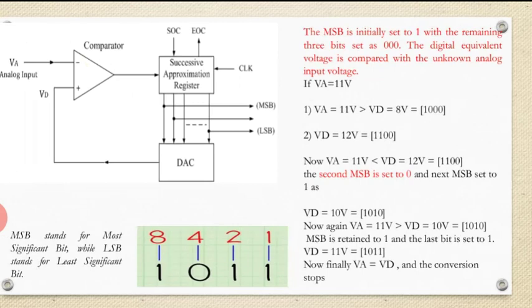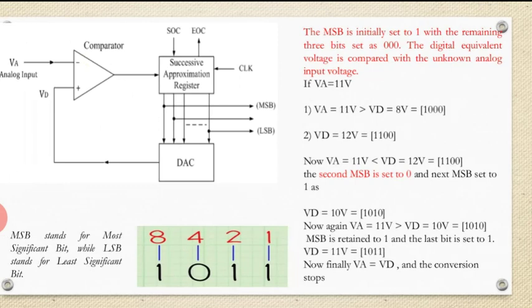So now what happens? VA is equal to 11 volt, greater than VD, because VD is 8 volt. Now the next step: the next bit will be set to 1, keeping the first bit as it is.